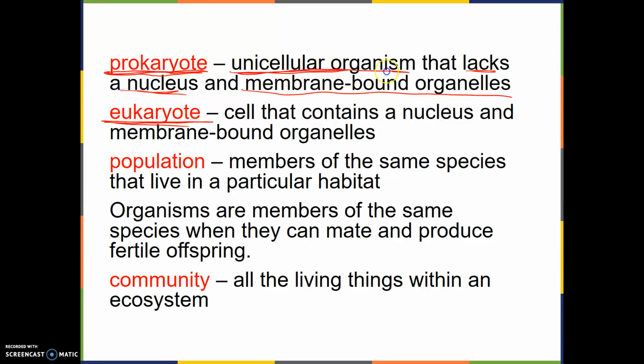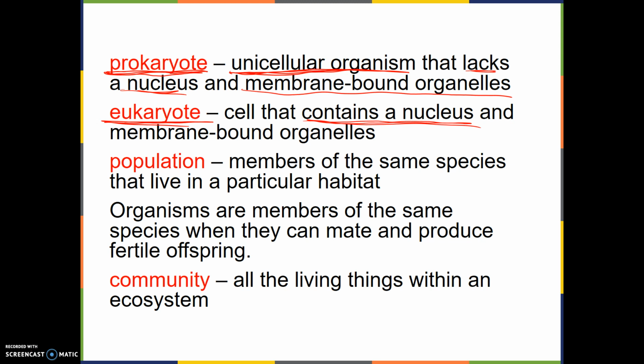All prokaryotes are unicellular. So that means it's just a single-celled organism, like bacteria. A eukaryote is a cell that does have a nucleus and membrane-bound organelles. So the big difference is prokaryotic cells lack a nucleus, and they're always single-celled. And eukaryotic cells do have a nucleus, and you can find eukaryotic cells in multicellular organisms like plants and animals.